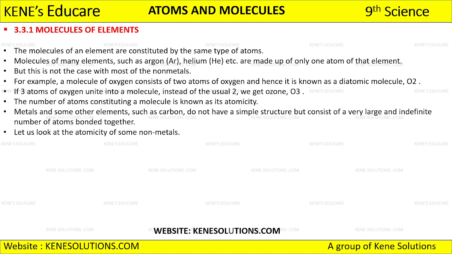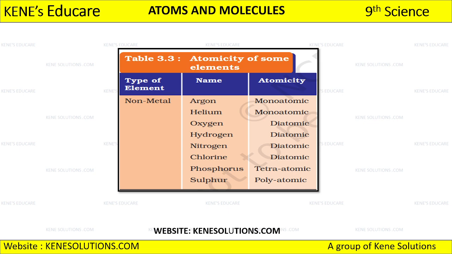After this, we have this table where we have the atomicity of some of the elements. For phosphorus, we know that it is tetraatomic, right? Then argon is monoatomic, oxygen is diatomic, sulfur is polyatomic. This is the atomicity that you should know, as this can be asked as objectives as well, right? So I just want every one of you to please go through this table once.